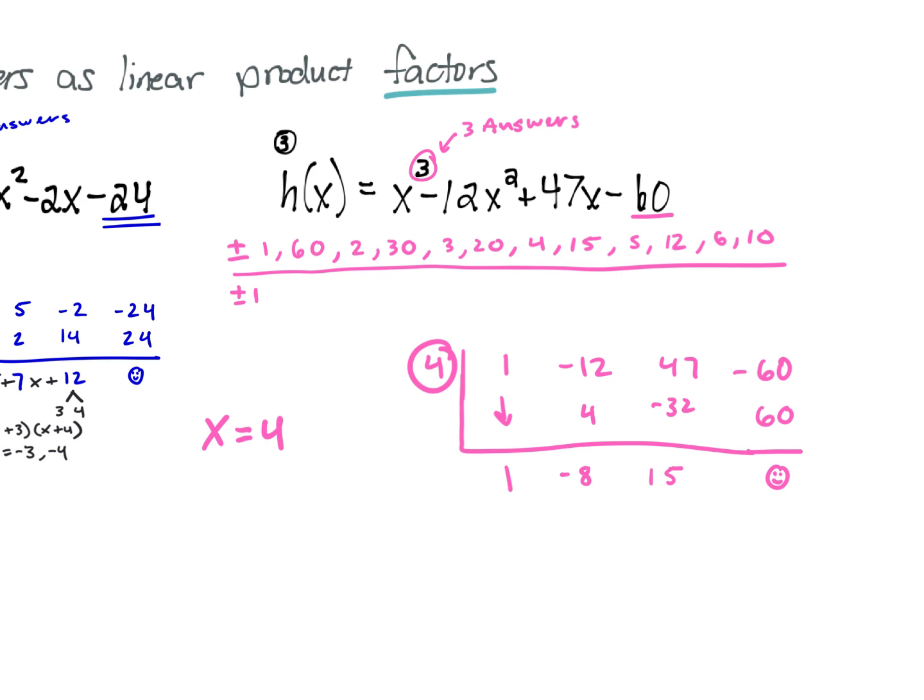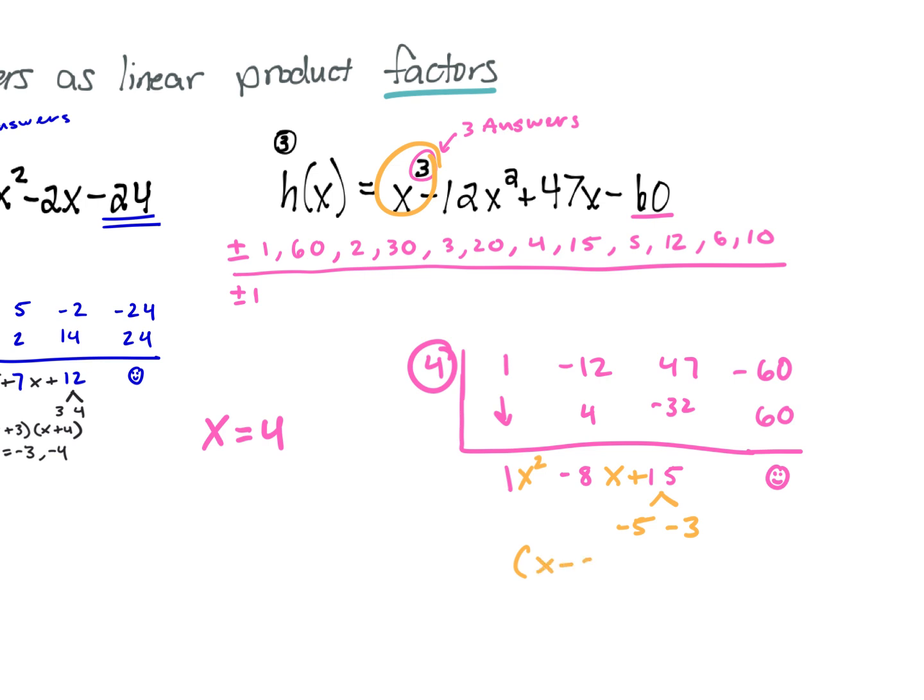What can we do next? Factor. Since we started with x to the third power, our answer here is going to be 1 less. So it's going to be x to the second power. Once we get to x to the second power, we can just factor. So we have x squared minus 8x plus 15. What are two numbers that multiply to 15 but add to negative 8? Negative 5 and negative 3.